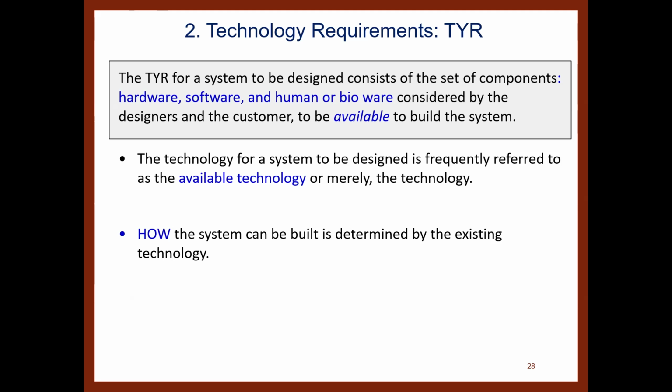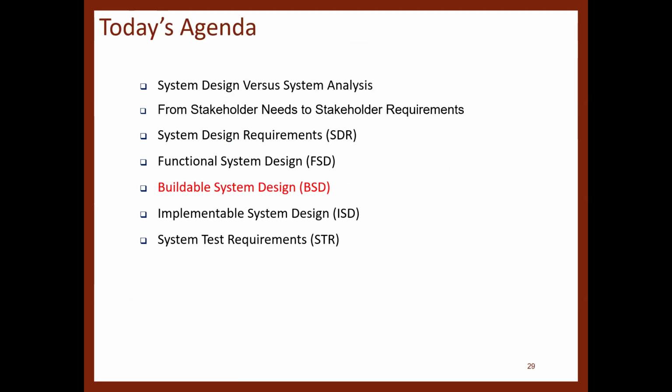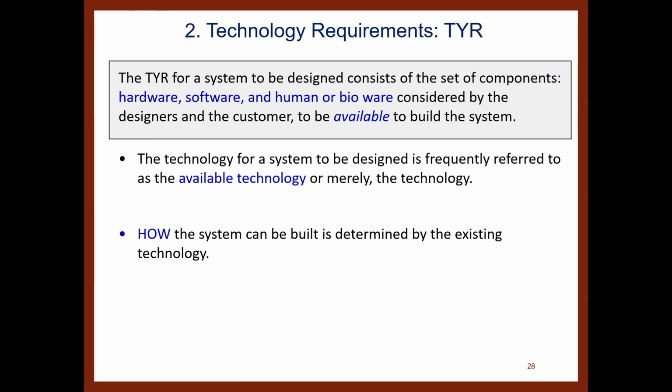And how the system can be built is determined by the existing technology. Okay, so first we focus on what the system is going to do logically. With the technology, we try to satisfy that logic or those functions and see if there's any technology that we can use to make that happen.